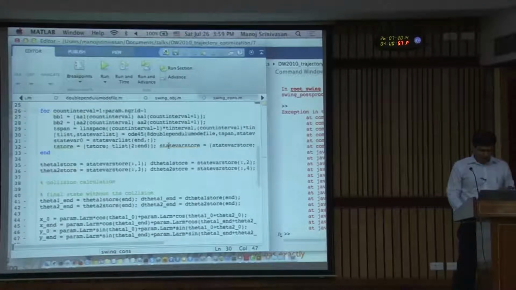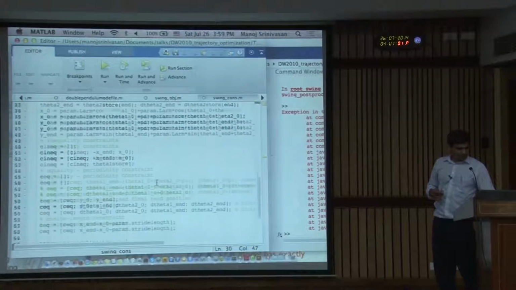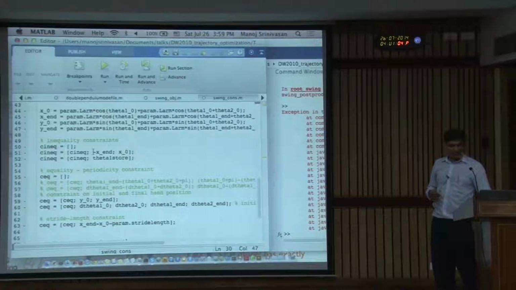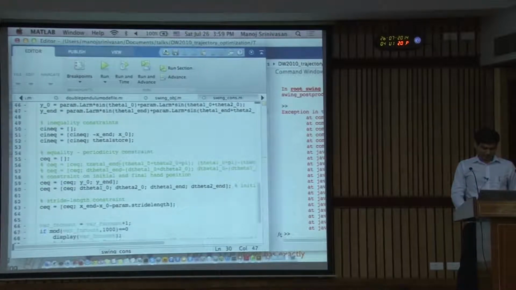And then what we are evaluating here are essentially the endpoint x and the initial x, and we are saying minus x end should be less than or equal to 0. In other words, x end is greater than or equal to 0. That's an inequality constraint. And x0 should be less than or equal to 0. It's another constraint. And then these are equality constraints here: theta 1 dot, theta 2 dot, initially and finally.